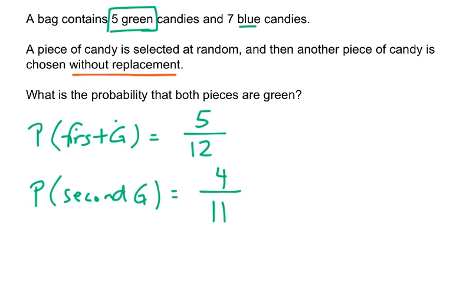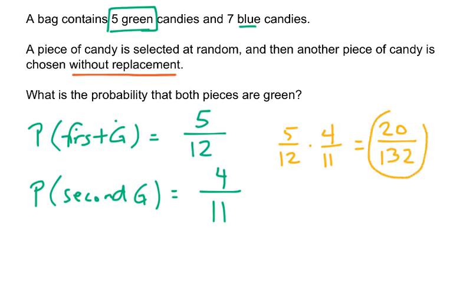And if I want to know the probability that both pieces are green, I'm going to multiply those together. And so I have 5 out of 12 multiplied by 4 out of 11, and I get 20 out of 132. And that's the probability that both will be green if I pick without replacement.